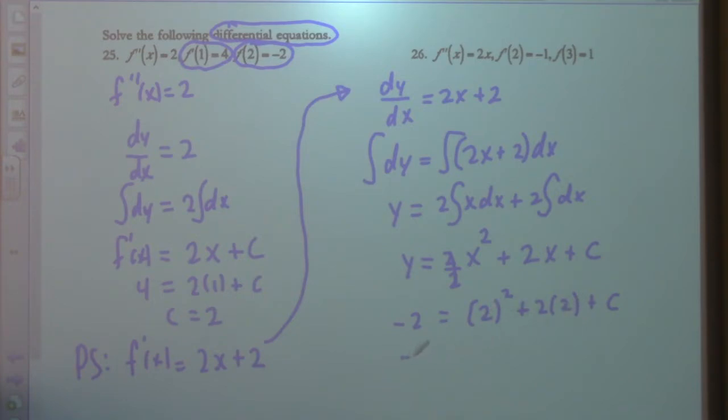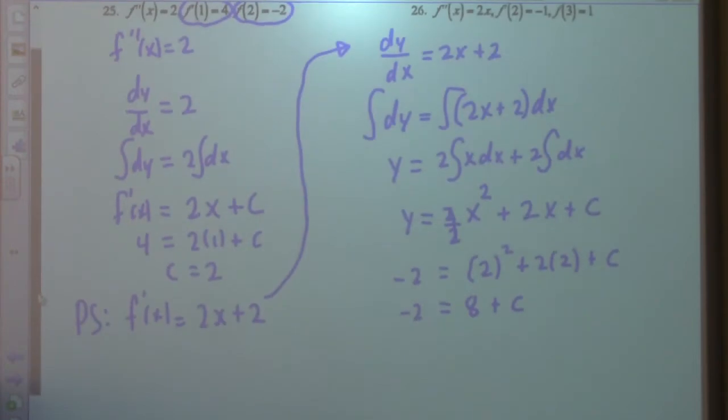So we have negative 2 equals 8 plus c. Is that right? Yeah. So c is equal to negative 10. And so therefore our particular solution is f of x is equal to x squared plus 2x minus 10.